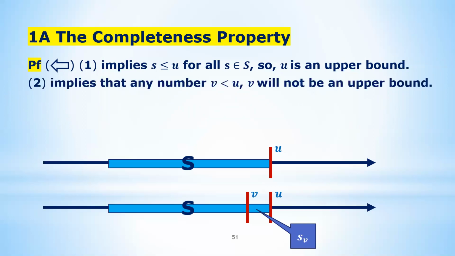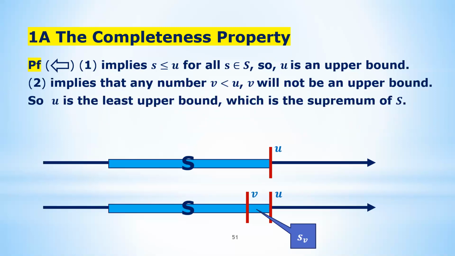And then I use property 2. Property 2 implies that for any other number less than U, that number is not an upper bound. So therefore the second property implies that U is the least upper bound, which is the supremum of S. So you can see these 2 properties are sufficient to imply that U is the least upper bound. So that's the proof of this supremum property.